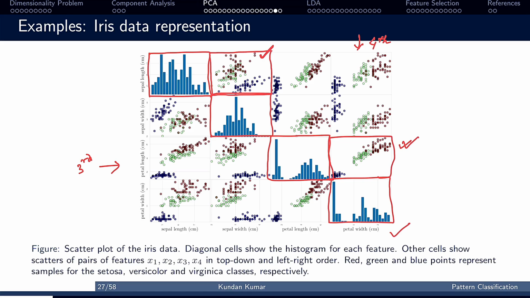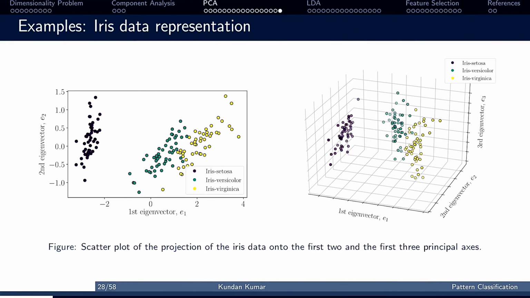But we can use PCA to reduce the dimensionality of the feature vector. In the iris dataset we have 4-dimensional features, so we can reduce it to 2 dimensions or 3 dimensions so that we can visualize the feature vector. This is the iris dataset in 2-dimensional feature space after applying principal component analysis. On the x-axis is the first eigenvector, and on the second axis the second eigenvector.